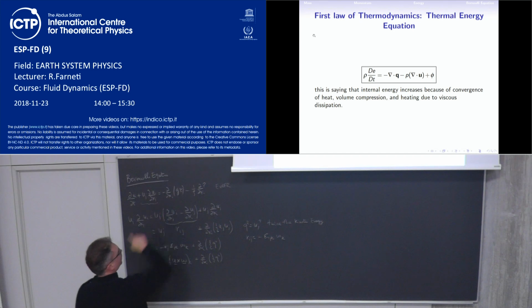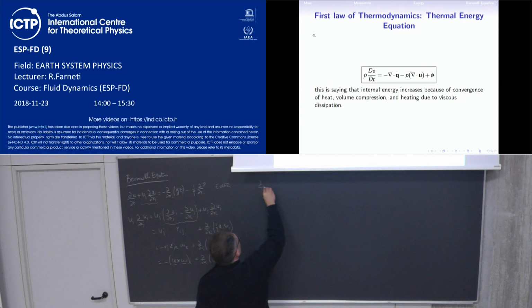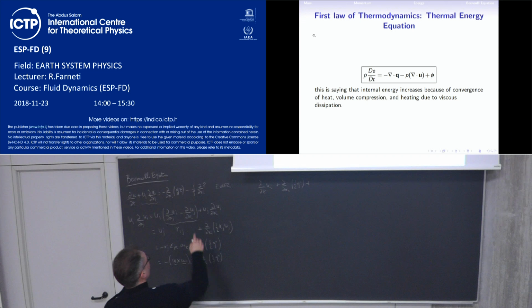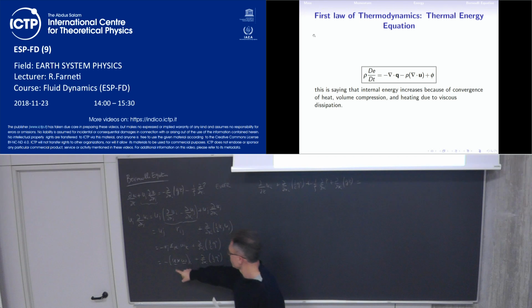So now I can plug this back into the Euler equation. Twice my kinetic energy plus the pressure gradient plus my body force, and that is going to be equal to my vorticity term.